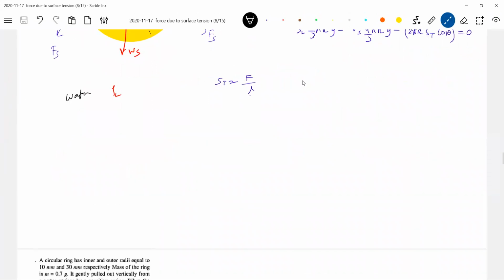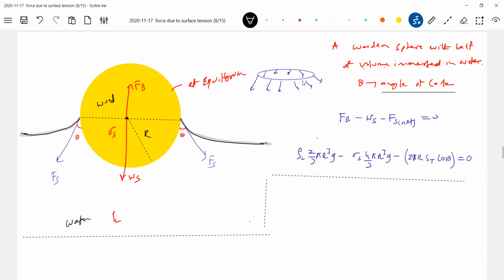Okay, now let's take another thing instead of this. We'll make an iron sphere float in mercury. I'll erase this, it will confuse. The same diagram.